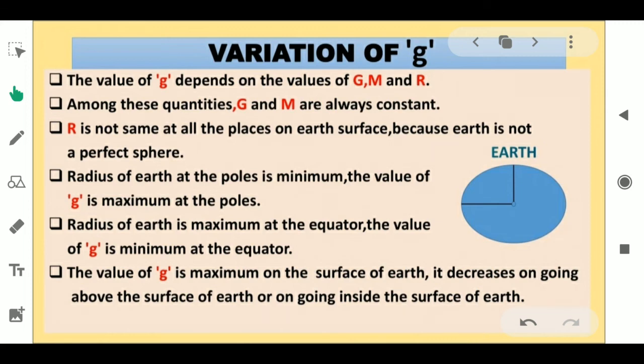Means acceleration due to gravity, small g, is maximum on the surface of Earth. If you are going up, then acceleration due to gravity decreases. If you are going inside the Earth's surface, in that case also g decreases. Clear? Yes. These are the important points in this slide.